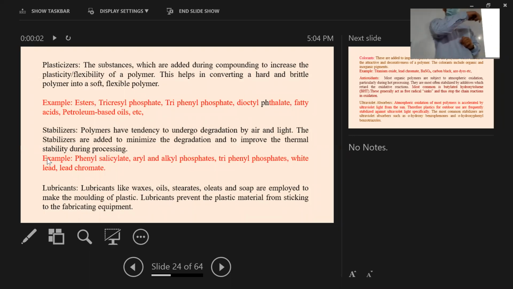Similarly, not exactly similarly, but something like that, polymers have a tendency to undergo degradation by air and light. Most of the time some girls use a rubber garter to tie the hair.